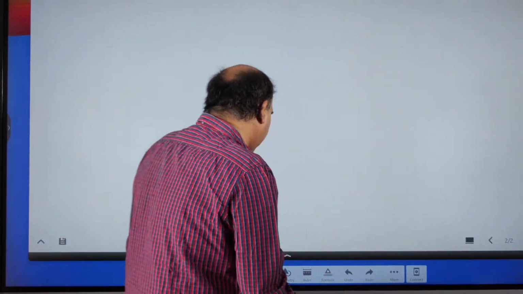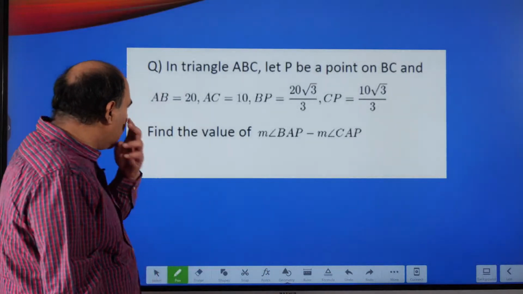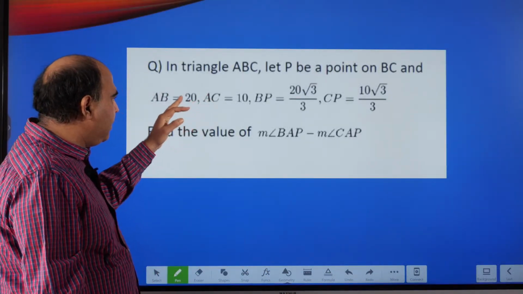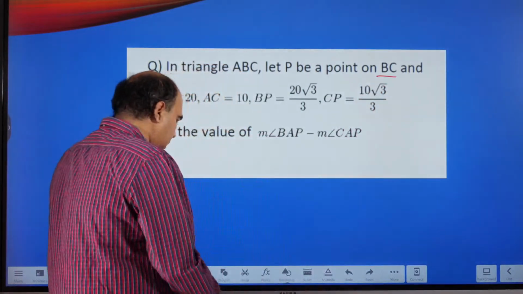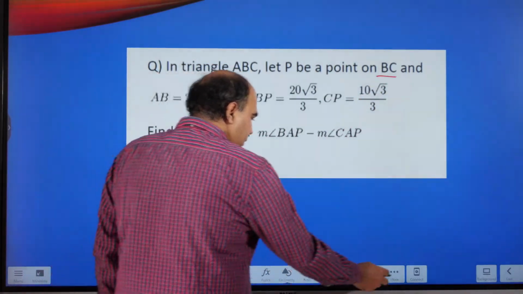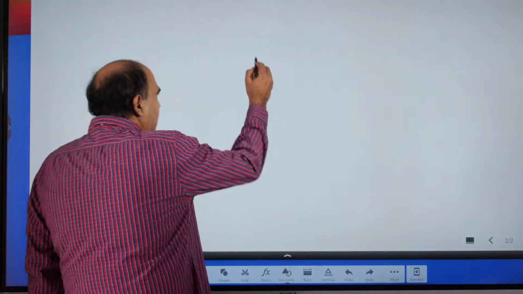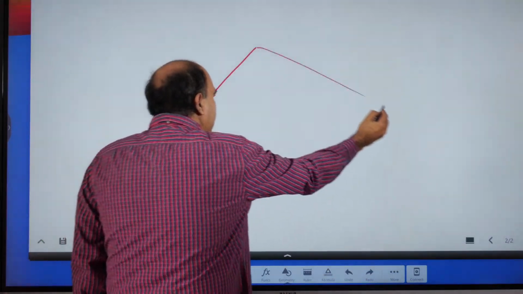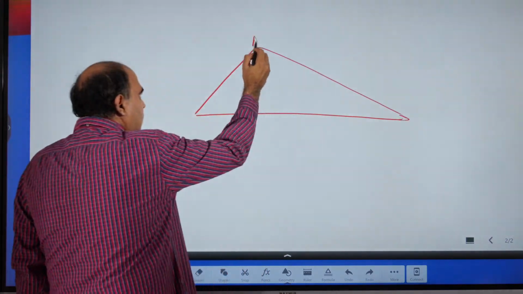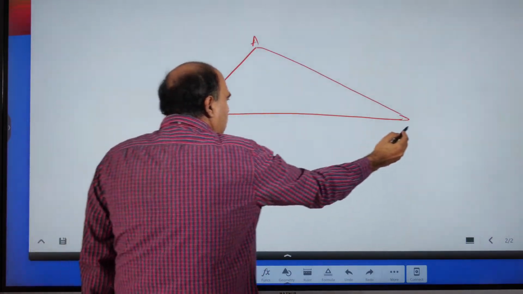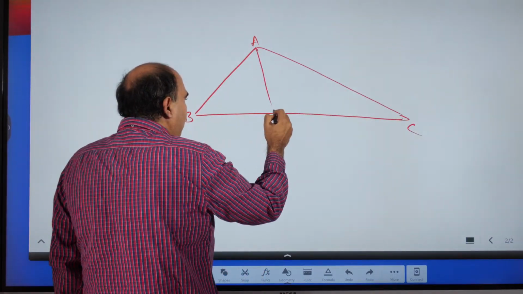So what does this question say? In triangle ABC, let P be a point on BC. So let's say I have a triangle ABC, and let P be a point on BC.